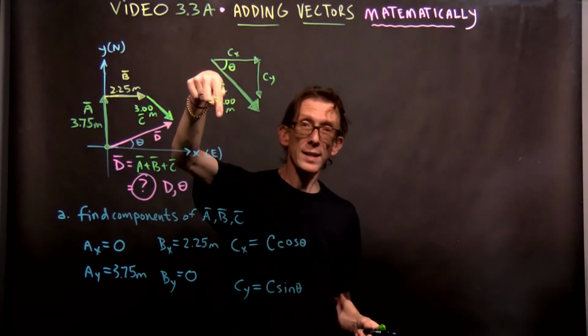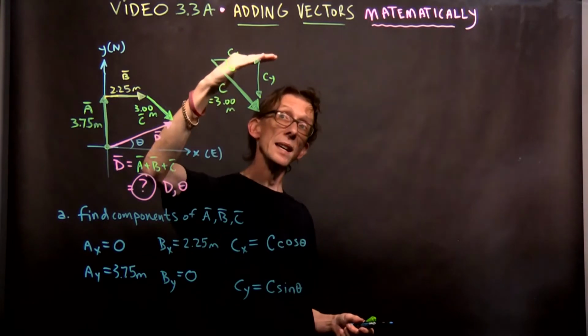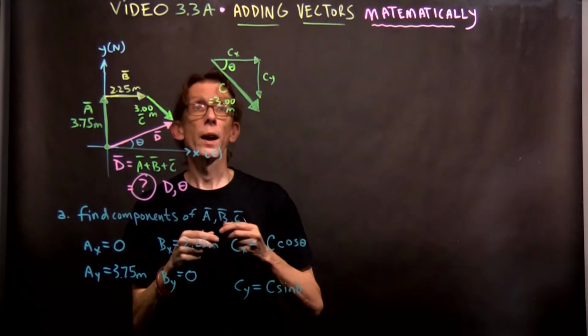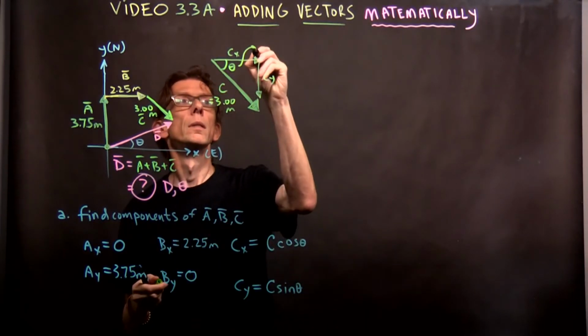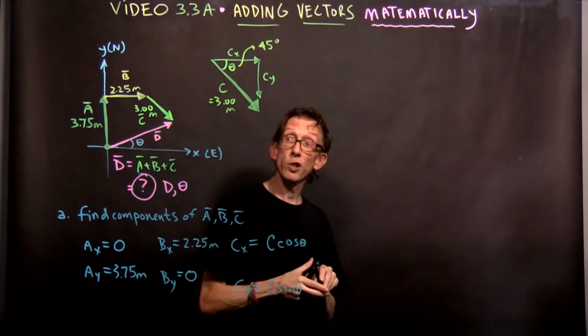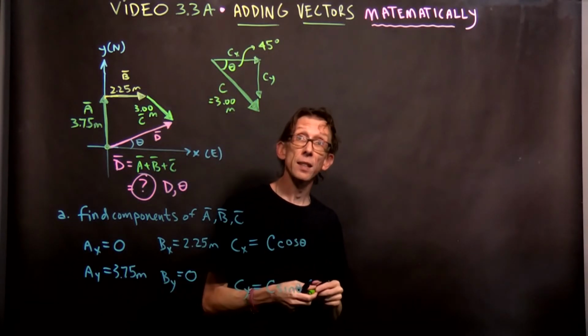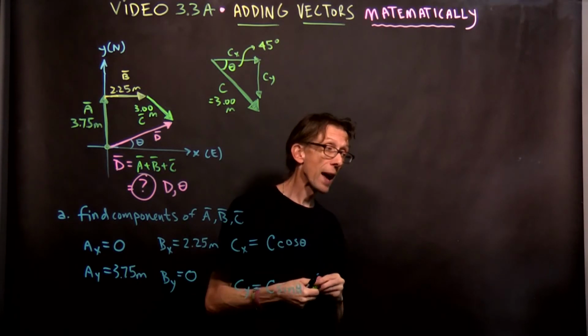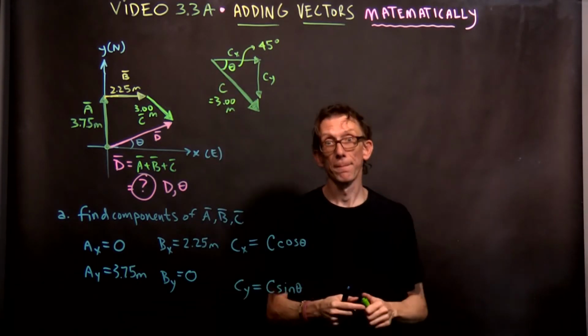The compass point, southeast, is directly between east and south. So this angle theta is going to be 45 degrees. Because my instructions were to walk directly southeast for 3.00 meters. So that angle there has to be 45 degrees.